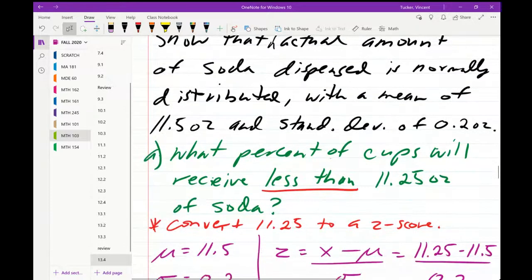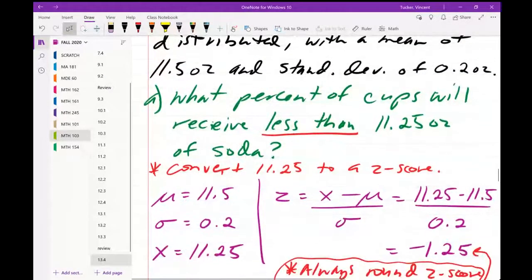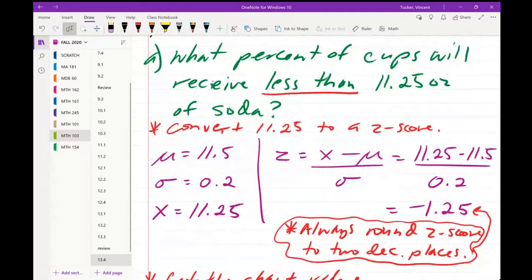All right. So A is: what percent of cups will receive less than 11.25 ounces of soda? So we want to convert 11.25 to a z-score. That's the first thing we want to do. So they have 11.5 as our mean, 0.2 as our standard deviation, and the data value in question is 11.25.